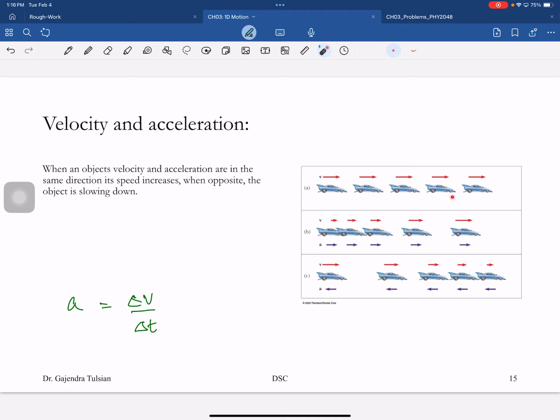And over this time, the velocity has not changed, so the acceleration is 0. For this guy, the acceleration is 0. For this guy, see the magnitude is changing and the acceleration is pointing in the same direction as the velocity. This guy is slowing down and the acceleration is pointing in the opposite direction. Again, here, only the magnitude of the velocity is changing and the acceleration is always tangent to the path.